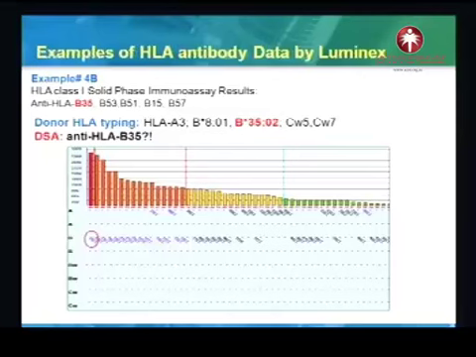So the use is now even for solid organ transplantation. When we looked at the specificity of the antibody, it is anti-B3501, but the donor is B3502. So in our lab, we can say this is not a donor-specific antibody. But if a lab is not equipped with all the tools, it might be called donor-specific and might deny transplantation for this patient.